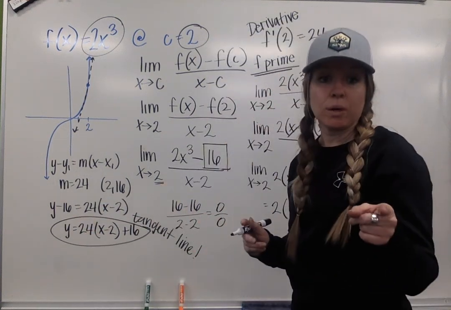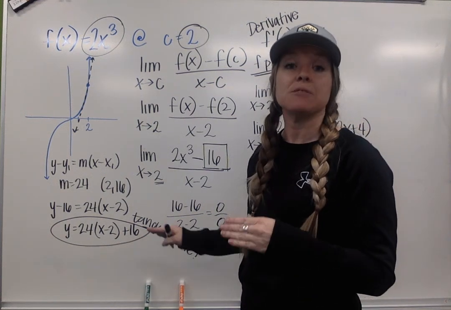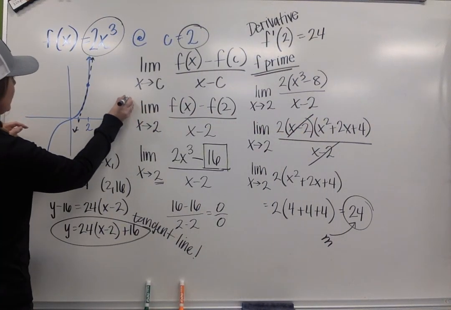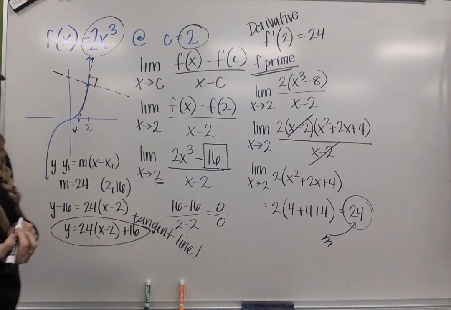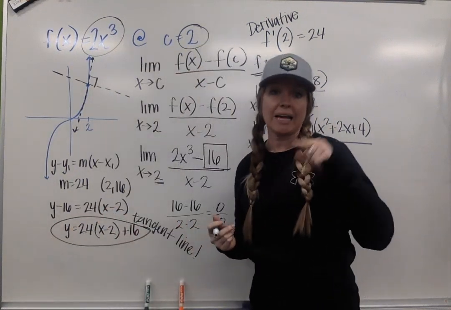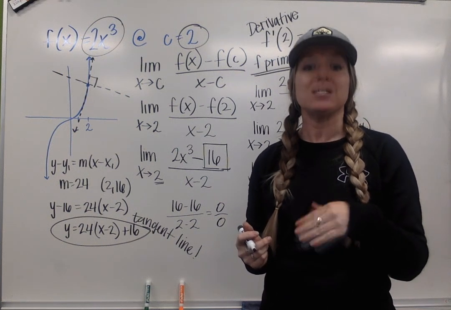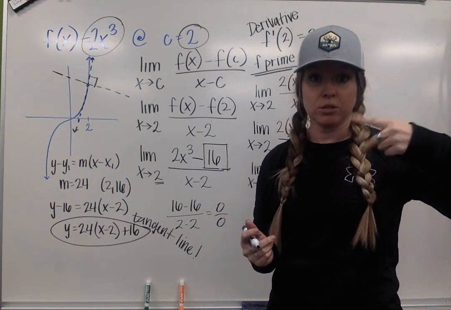And then the last thing that we talked about in class, if you weren't in class, the normal line is perpendicular to the tangent line. So it would come in and do something like this. Perpendicular hits at 90 degrees. So the normal line is perpendicular to the tangent line, so the only thing that's going to change is the slope. Perpendicular lines have opposite reciprocal slopes.